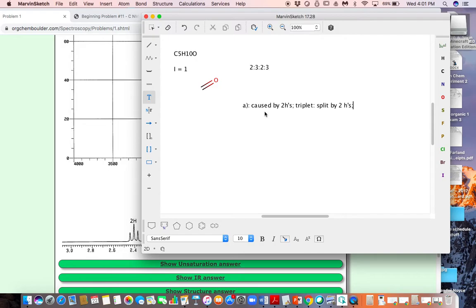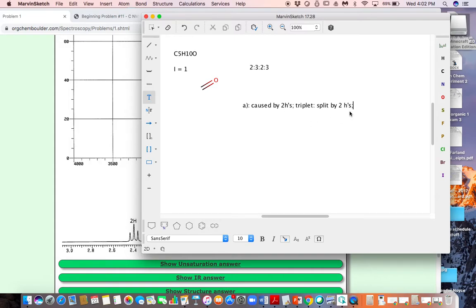And if you kind of think about it, you can make some logical assumptions, right? What is the most likely piece or fragment that's going to have two hydrogens that are the same? Probably going to be a CH2 group here, right? That's the most logical case. This is not always. Sometimes you have individual H's that are equivalent, but most of the time if you see two equivalent H's, that means you have CH2, all right?